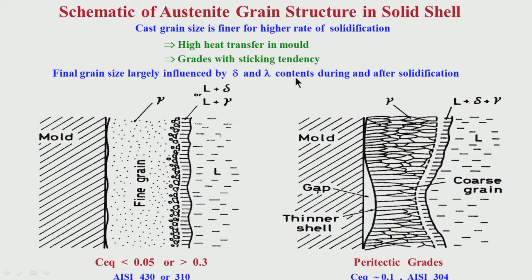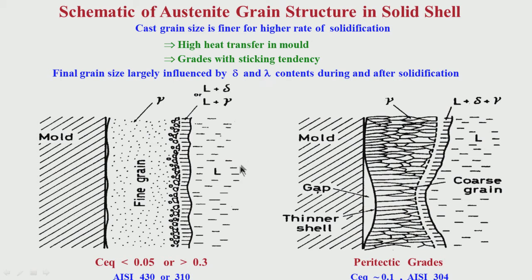Because if you have delta during casting and also at temperature lower than the casting, that means for very low carbon equivalent or say 430, where the delta to gamma transformation is taking place at quite lower temperature even after solidification, delta is present for quite some time, for quite a big temperature region. So, there is a possibility of grain coarsening of delta. So, there we have to be a bit careful.